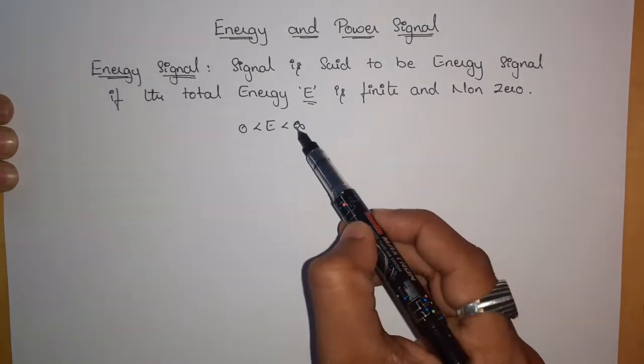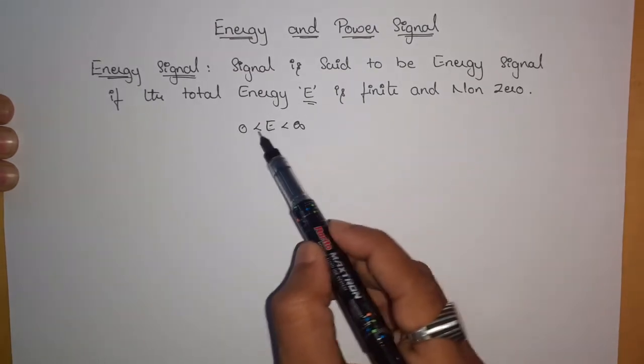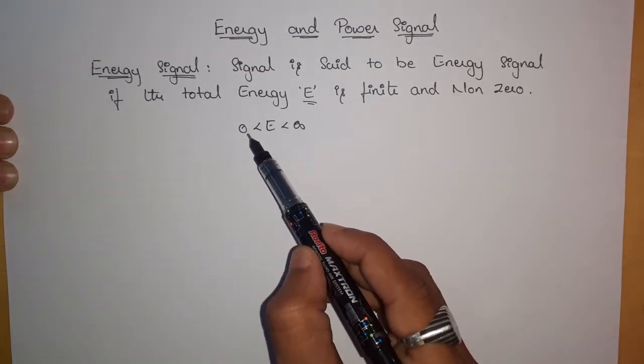Energy E is finite, less than infinity, and non-zero, which means it is always greater than 0.